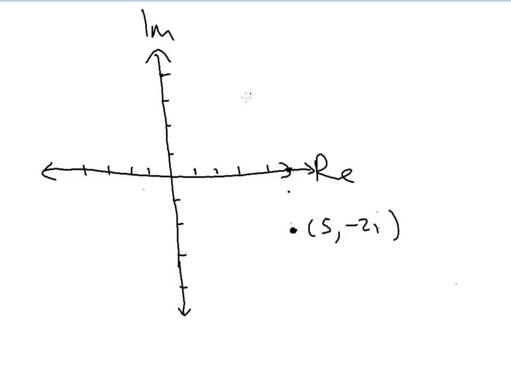And minus 2i times i would be, well, i squared gives us minus 1, so I'll end up with 2. So the real number is going to be 2, so it's going to be 2 plus 5i.